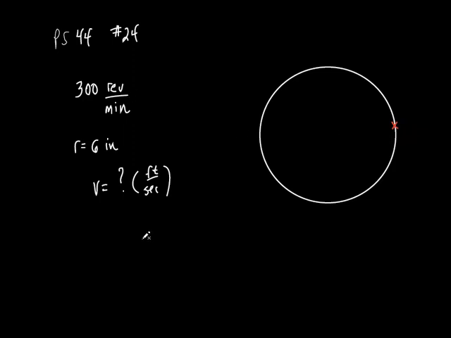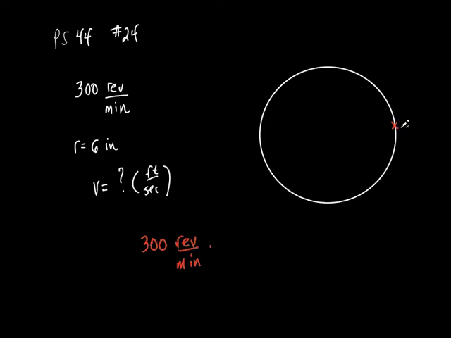Okay, so what we're going to do is we're going to take 300 revolutions per minute. Let me see the best way to do this. I'll put revolutions per minute. Now what we're going to do is change that to radians.